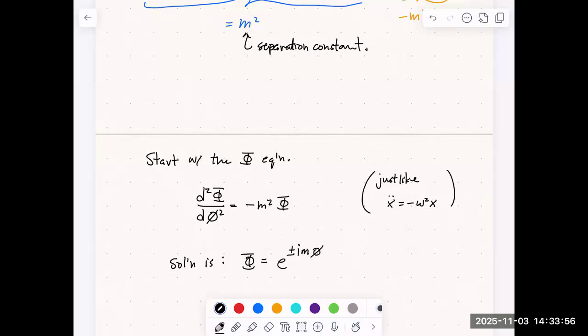You can just check it in your head. I take one derivative, I get a plus or minus im come down. I take another derivative, I get another plus or minus im come down. They square, so I don't care about the plus or minus. I get i squared m squared. i squared is minus 1, and so we get minus m squared times the original function. And so that is working.